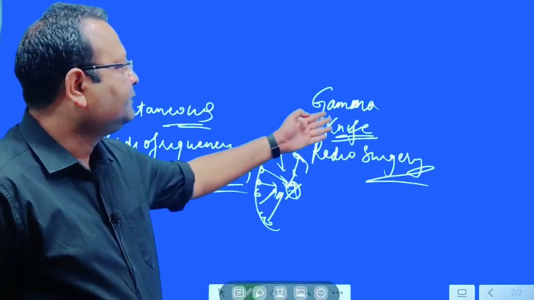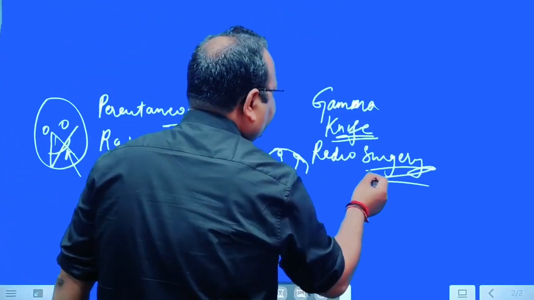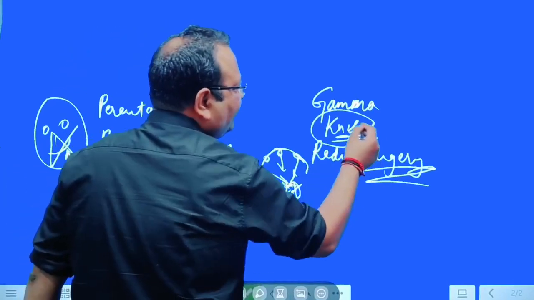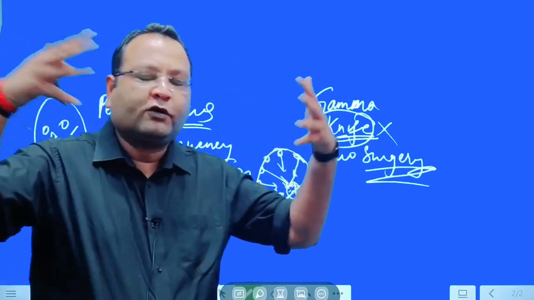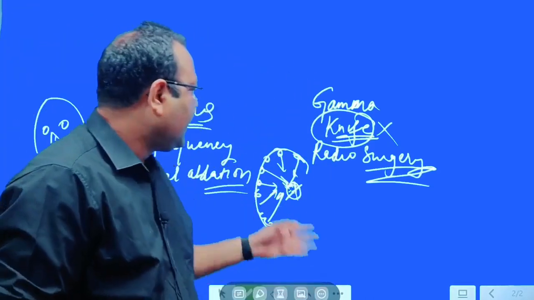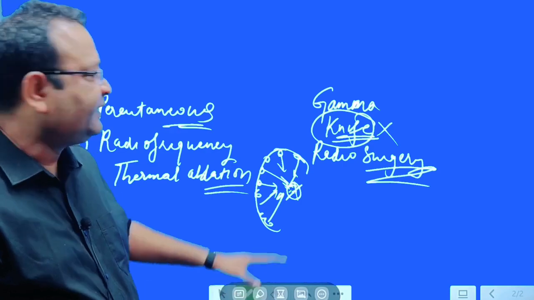It is not a surgery, and we are not using any knife, it is just producing radiations, focusing the radiation on the trigeminal ganglion, and you can make it non-functional with the help of radiation.